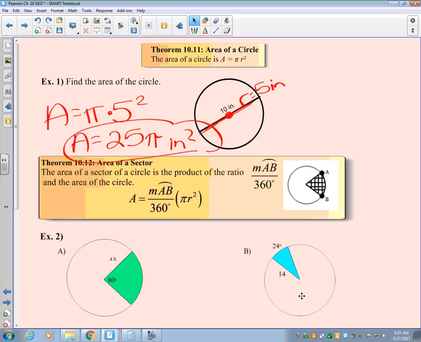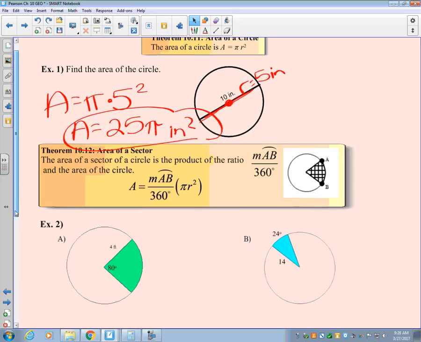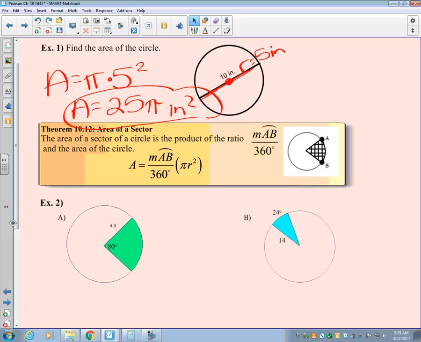The thing that we're going to do different is we are not going to find the area of the entire circle, but we're just going to find pieces, area of sectors of the circle. So to find the area of just a piece of the circle, we take our arc measure, divide it by 360, then we multiply it by the area of the circle.